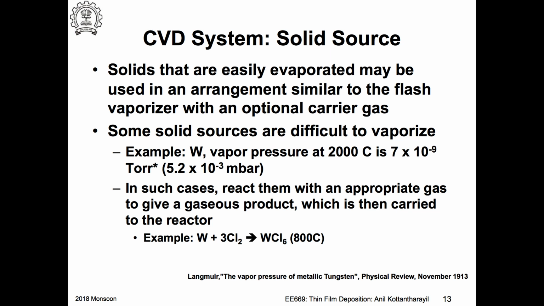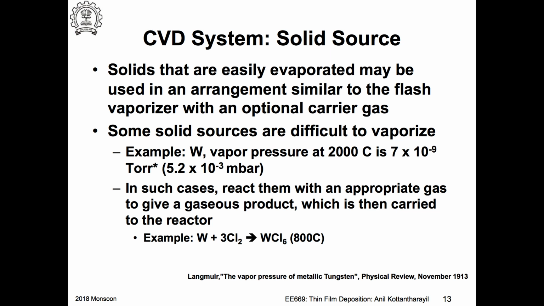An example is tungsten: if you heat it to 2000 degrees centigrade, this is going to be your vapor pressure. Compare this with what we are talking about: we want a vapor pressure of 7 torr at room temperature. Tungsten is an element with one of the highest melting points.